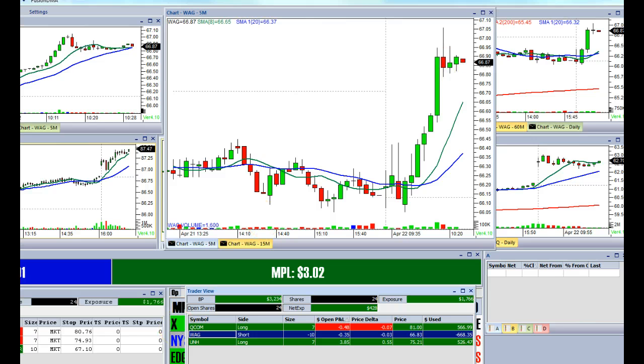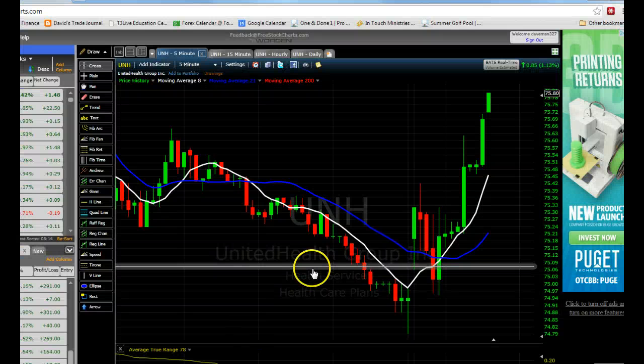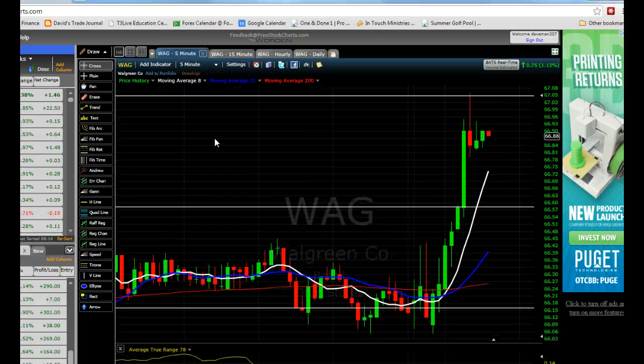My other chart, if we go back to Walgreens, said that this is where sellers were going to be, and yeah, they were there, but they're not really hanging around. They're not in a big hurry to knock this stock back down. So we'll kind of see what happens from there.